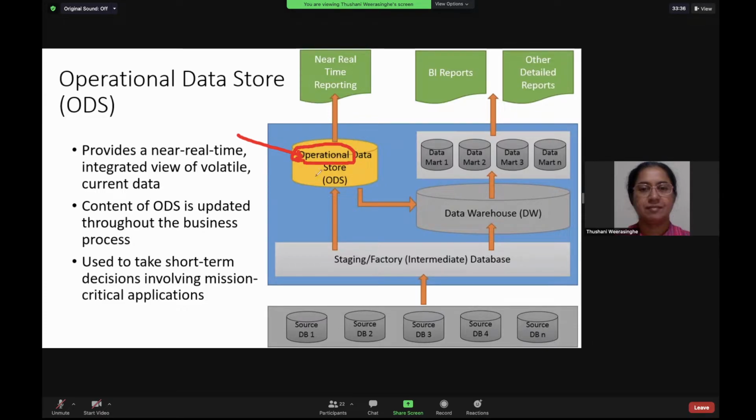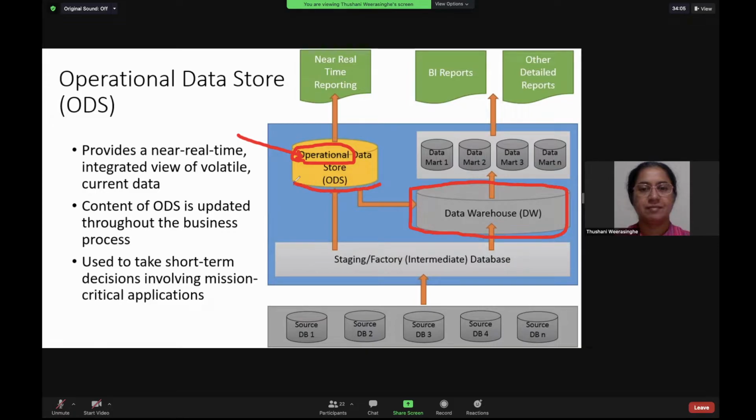Can you see this operational data? We need the transactional processing, all kinds of operational data, to be collected in a database. Why? Because when you have a data warehouse, it takes time for collecting and storing, and also we have all kinds of historical data there. For easy analytical purposes, we need another database.